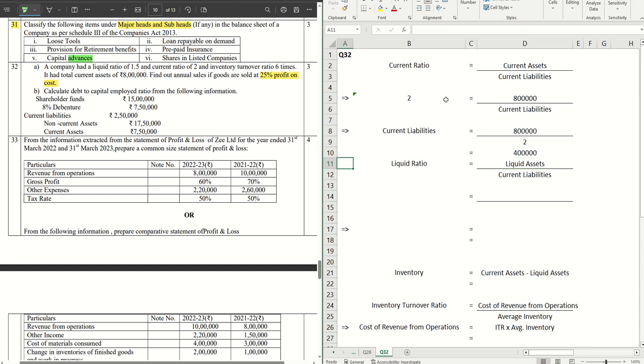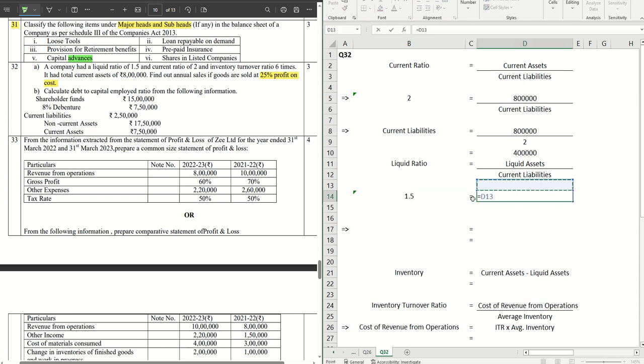Now let's move on to the other ratio which is given, the liquid ratio, where the formula is liquid assets by current liabilities. Liquid assets means current assets minus inventories, so that will be required as well. Current ratio was current assets by current liabilities. So let's put the values here. We have 1.5 as the liquid ratio.